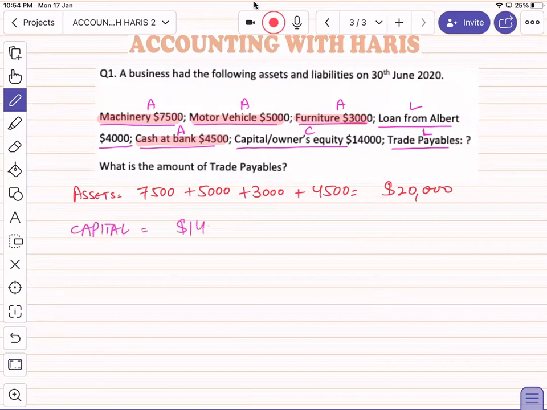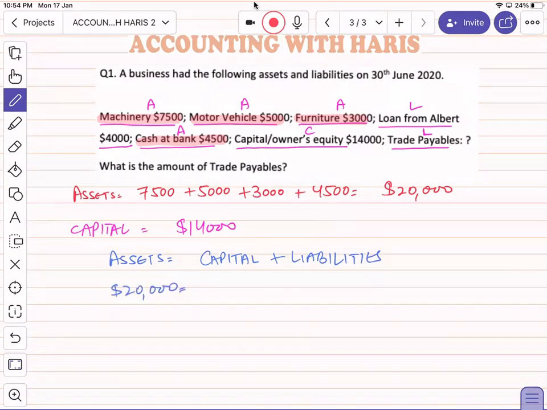So can I use both assets and capital in order to figure out liabilities? Because the accounting equation you learned has 3 items, so if you know any 2 items, you can figure out the third item easily. I can write the equation again. Assets equals capital plus liabilities. Your total assets equal $20,000.